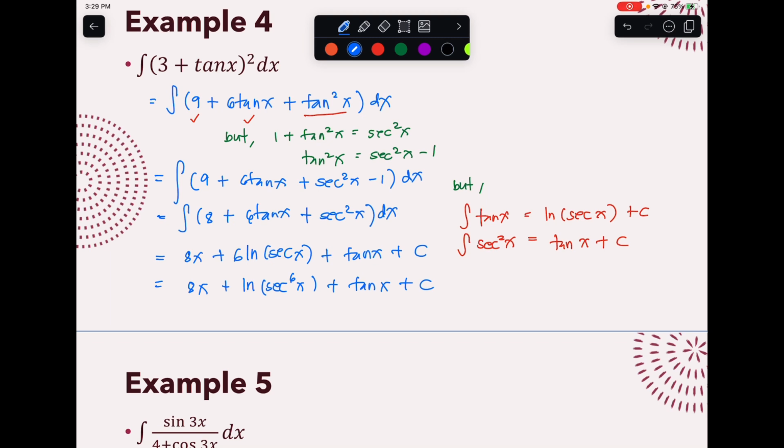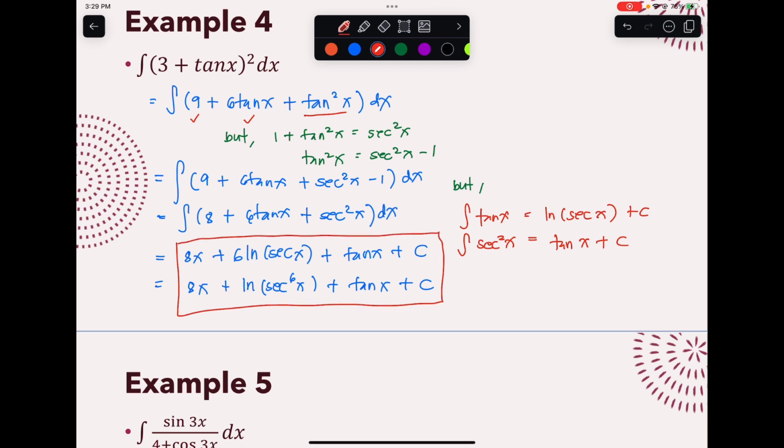So plus tangent x. Any of the two will do. So we have that answer: 8x plus 6 ln of secant x plus tangent x plus c. And that would be the final answer for example number 4.